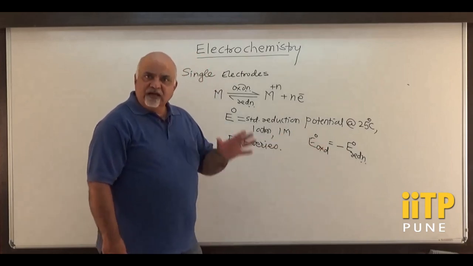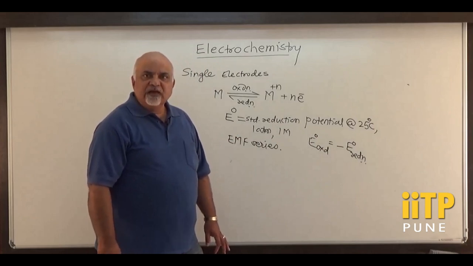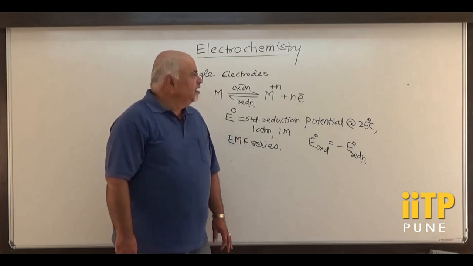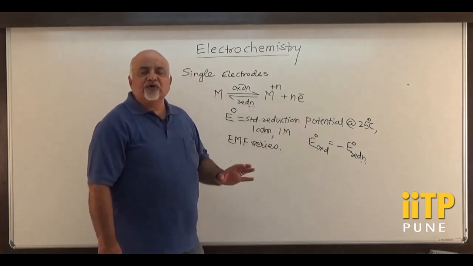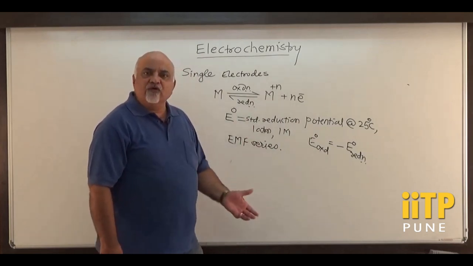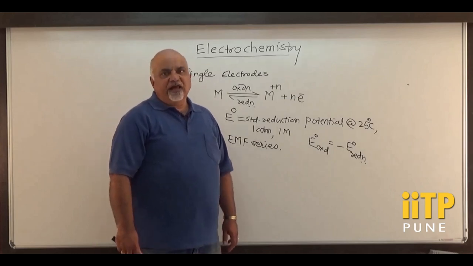The data given in the form of a table or chart is called the EMF series, activity series, or electrode potential series. This is available at standard condition. It is a guideline for us to understand whether the electrode we have selected will go for reduction or for oxidation in a reaction.